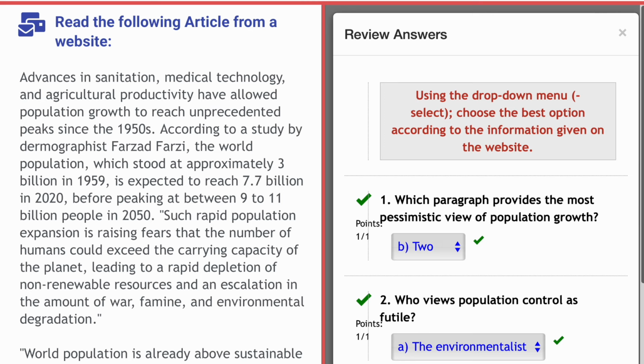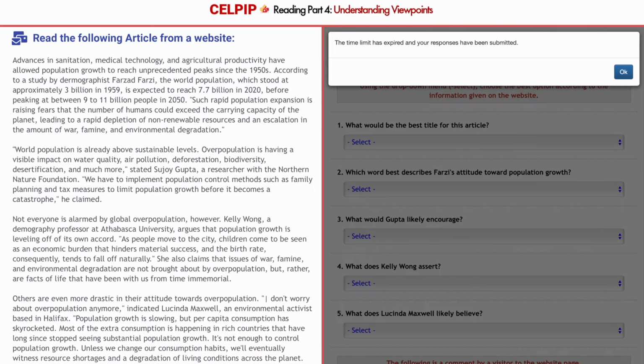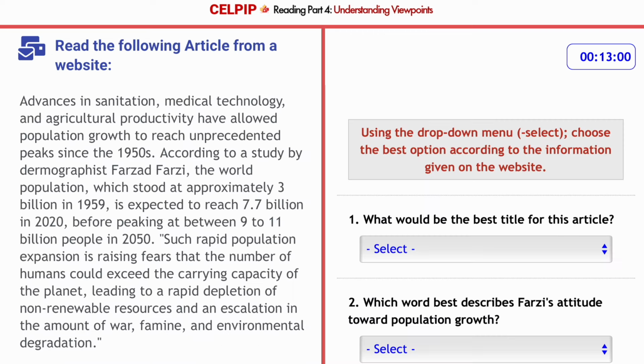Now also very beneficial for you will be the review or version 2 of this sample. Many times the CELPIP exam has 2 or 3 versions.